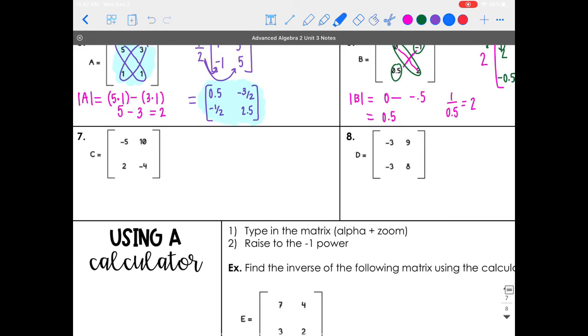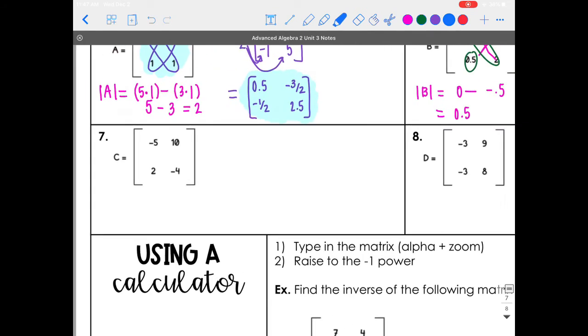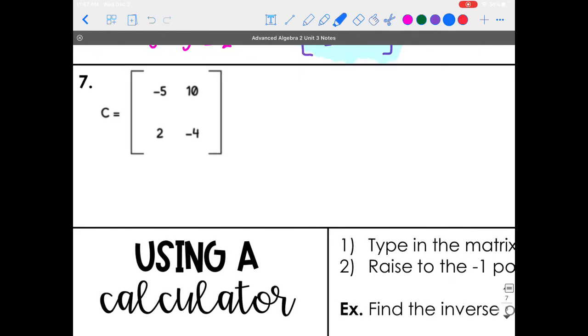Number 7. Actually, number 7 and 8, I want you to try them on your own. So pause the video and try those by yourself. First, we have to find the determinant of C. So we would do 20 minus 20. Oh, this was a tricky one.